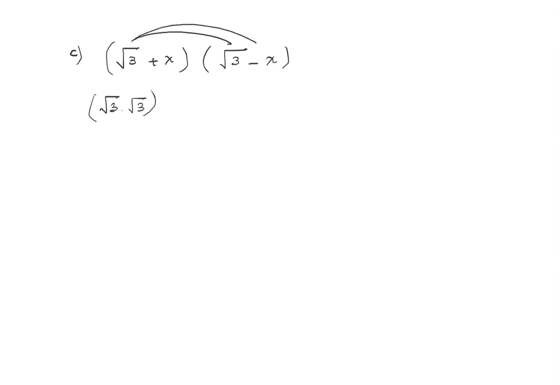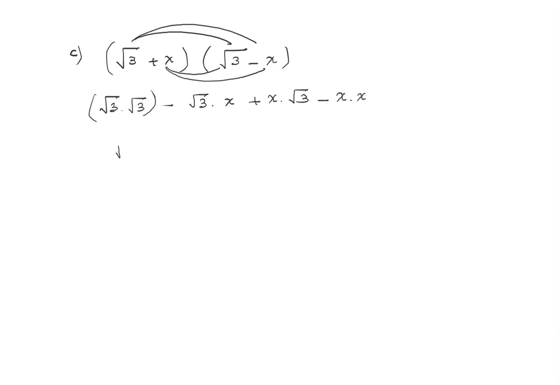And C, we have square root of 3 plus x times square root of 3 minus x. So we have two terms, so we have to FOIL. So this is going to be square root of 3 times square root of 3, and then minus square root of 3 times x plus x times square root of 3 minus x times x.